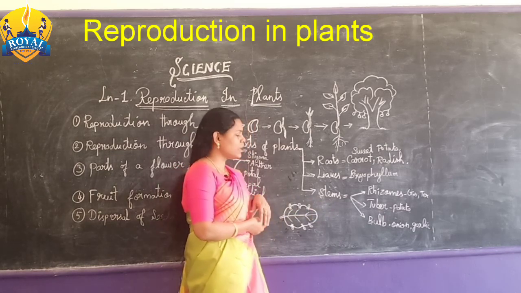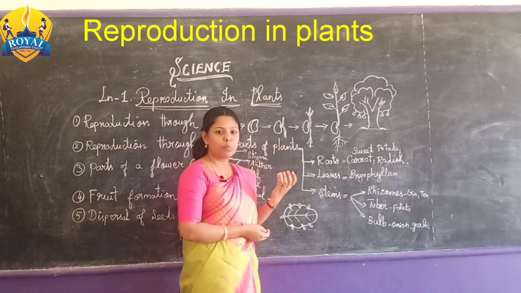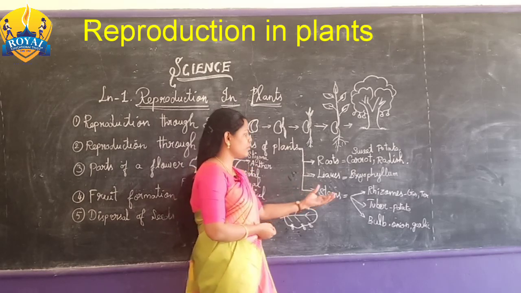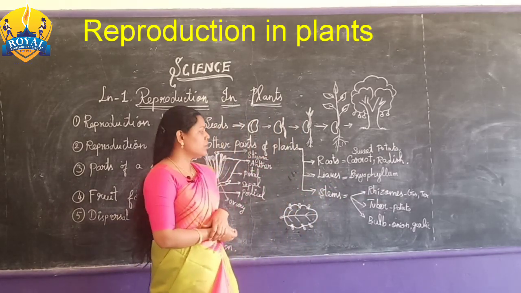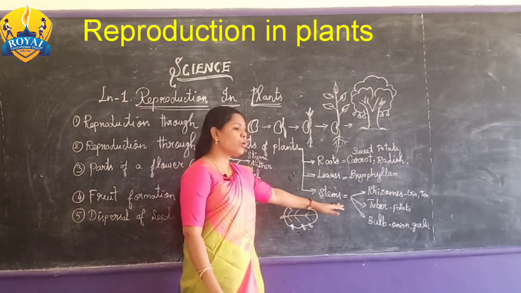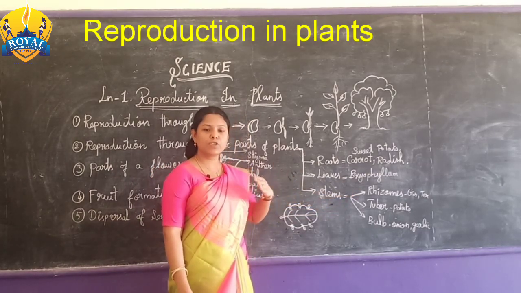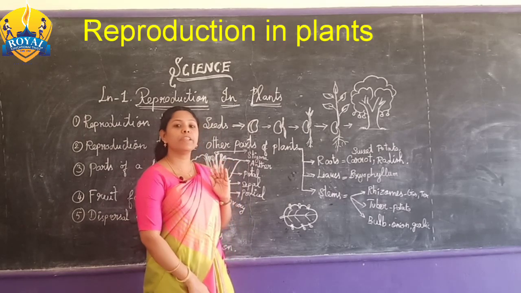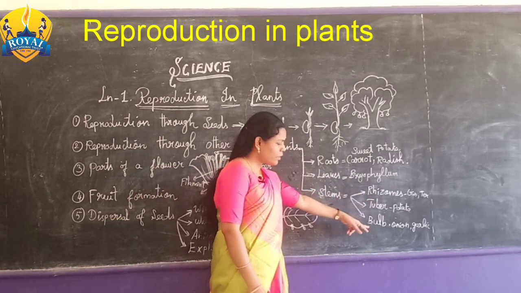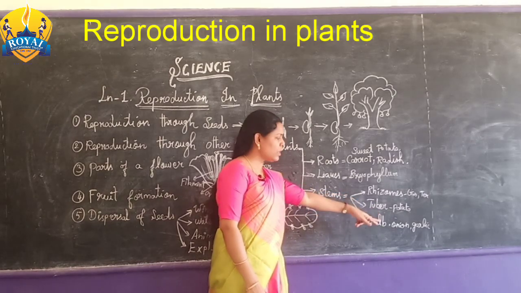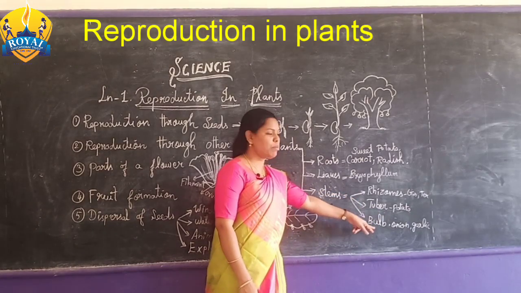And then the stems. Some plant stems give rise to a new plant, for example ginger and turmeric. The stems are further divided into three types: rhizomes, tubers and bulbs.